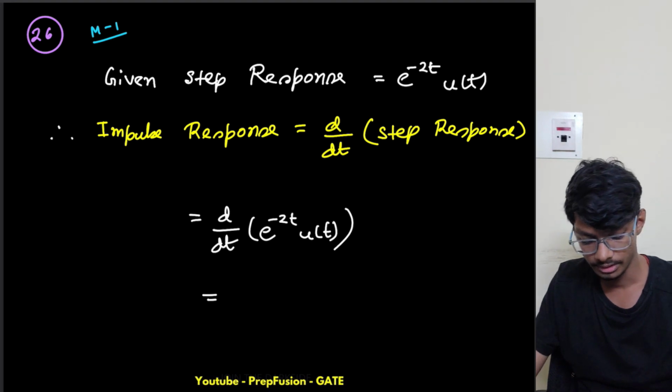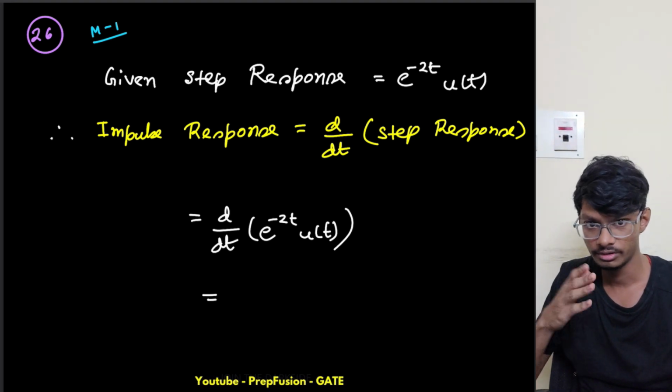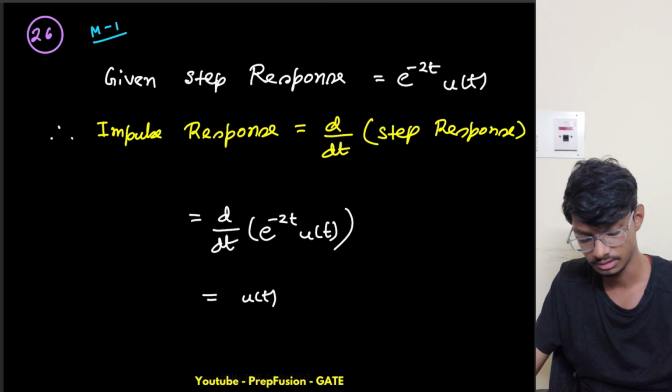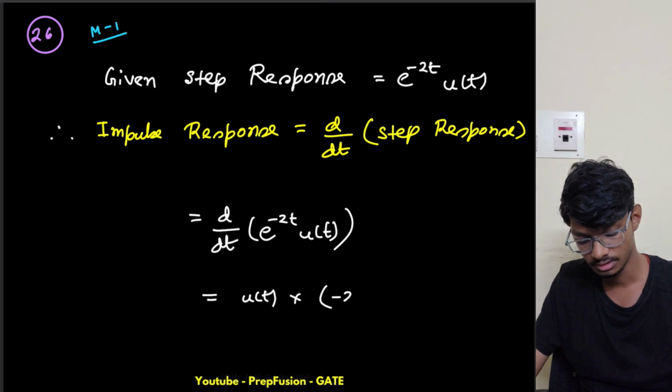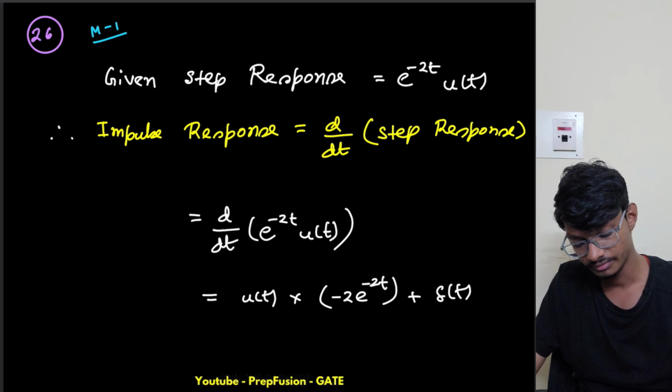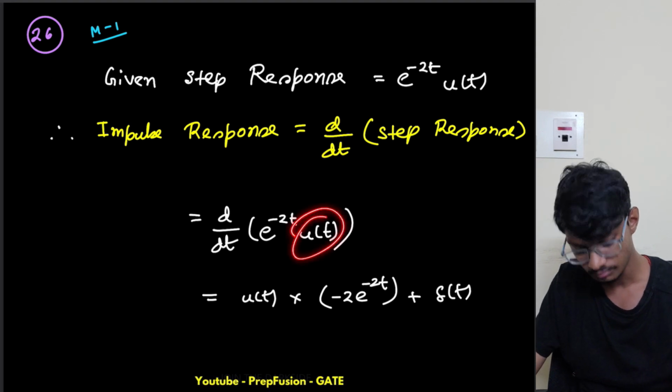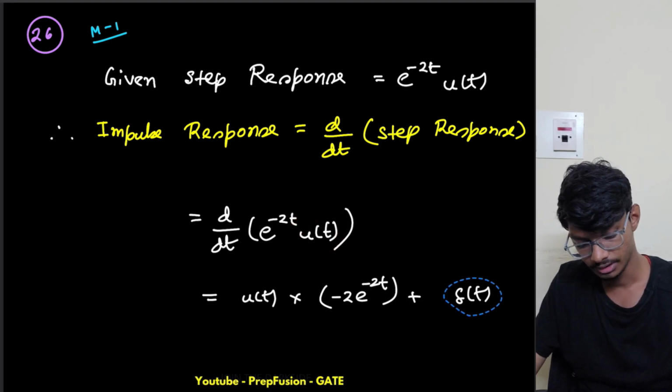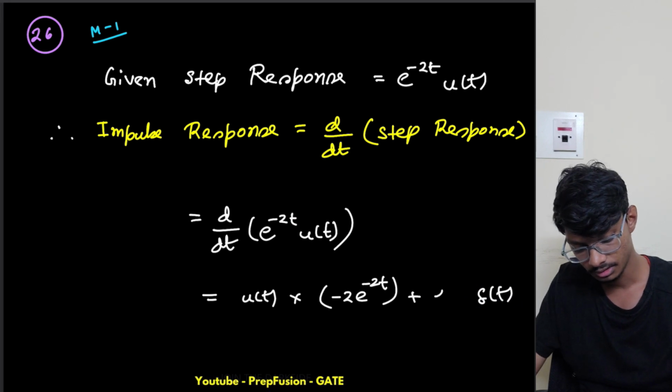So it will be u dv plus v du, and u of t is outside, times the differentiation of this one, it is minus 2 e raised to power minus 2t, plus delta t.